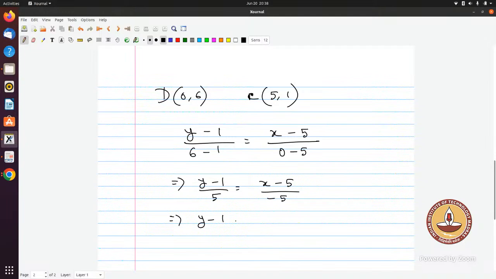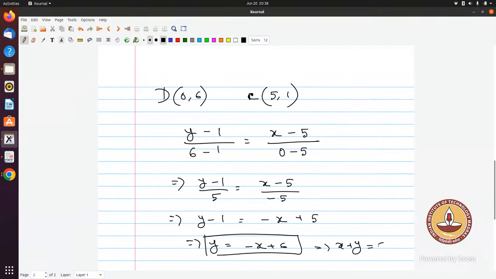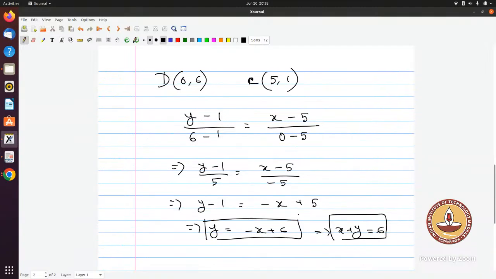So y minus 1 is equal to minus x plus 5. Then y equal to minus x plus 6, which is basically x plus y equal to 6. This is the equation of L1 which is given, and this is the correct option. Now the slope of L2 is 2.